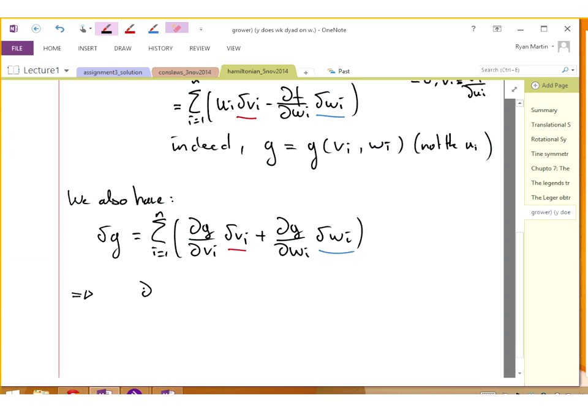And so what we find is that Ui is equal to ∂G/∂Vi, and we find that ∂F/∂Wi is equal to minus ∂G/∂Wi.